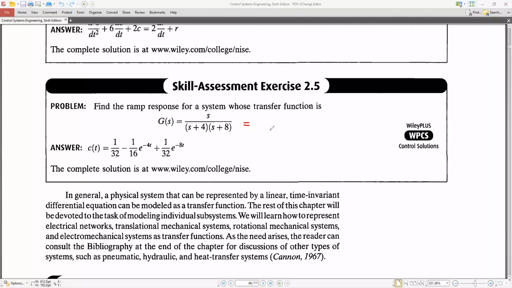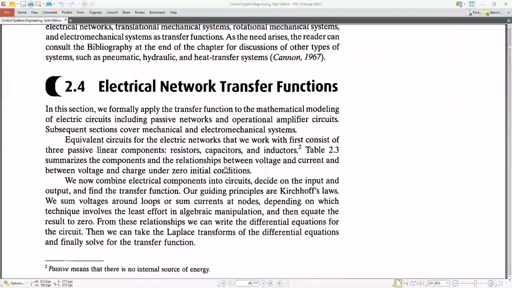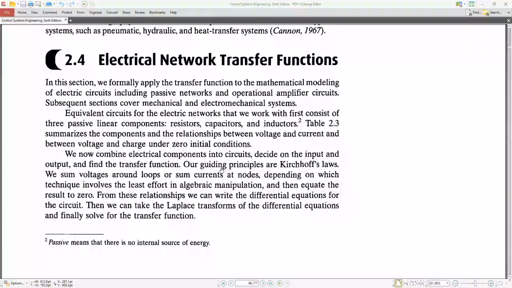Partial fraction is important. Now come to the electrical network transfer functions. Electrical network transfer functions. Okay, just a minute.